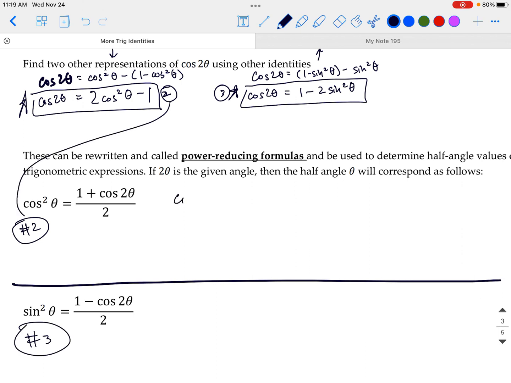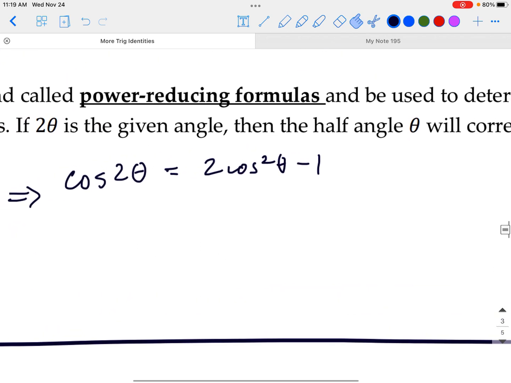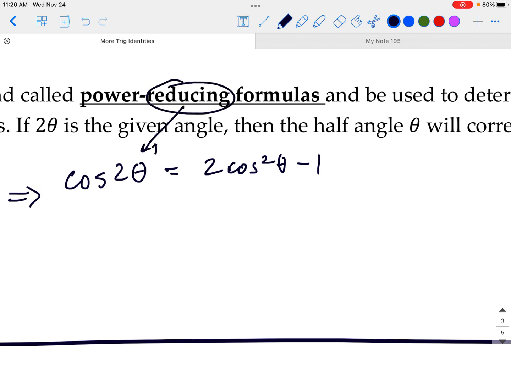So for number 2, right, we've got cosine 2 theta, so this will be the derivation, equals 2 cosine squared theta minus 1. And what we're going to do is we're just going to solve for cosine squared theta. So the reducing part of it is the fact that this is degree 1, right? Cosine 2 theta is just cosine.